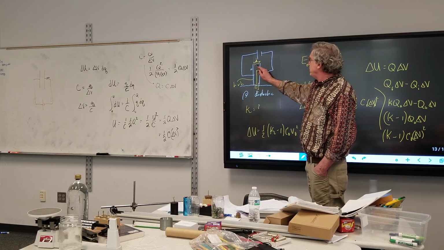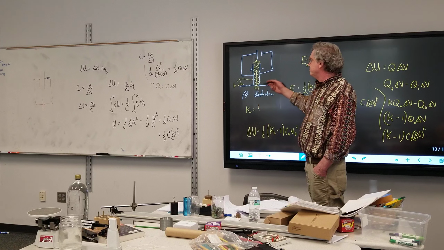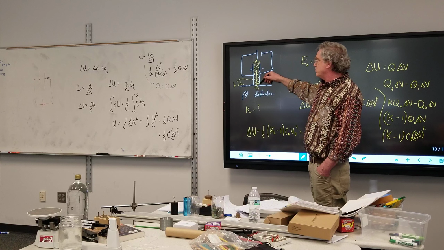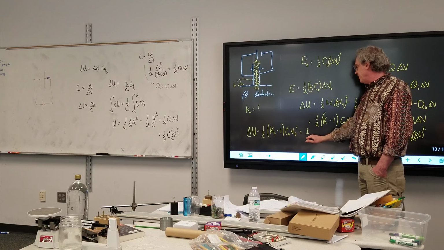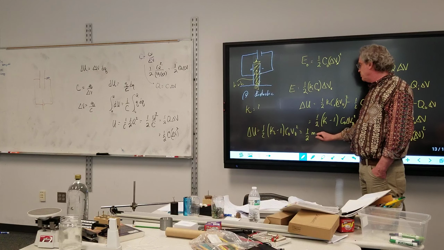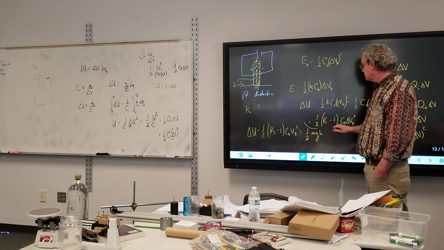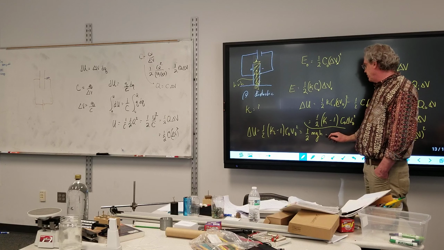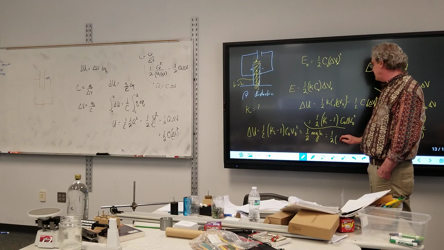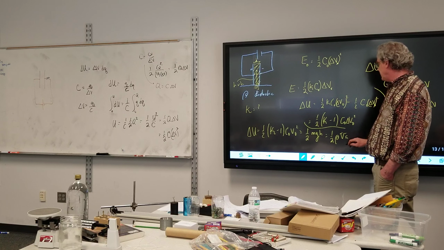Since the liquid's filling up this entire area right here, there's obviously not a lot of change in gravitational potential energy at the bottom. This has the most, but we can pick the middle spot. So it's going to be 1/2 mgh. We're dealing with a liquid here, so it's 1/2 times the density times the volume, gh.